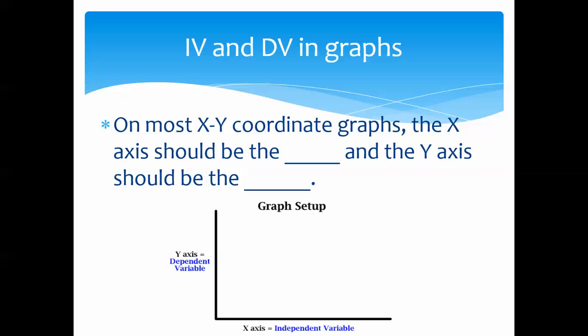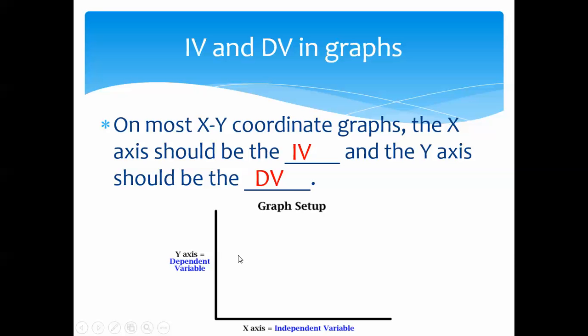What you do have to know how to do is find the IV and the DV in graphs. So on most XY coordinate graphs, the x-axis should be the independent variable, the IV, and the y-axis should be the dependent variable, or the DV. So we always look here, x-axis to find the independent variable, y-axis to find the dependent variable. Some people remember this thinking about pancake dry mix.